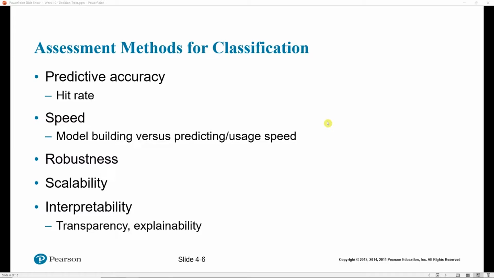So we're going to generate what's referred to as a confusion matrix, which essentially has the percentage of times that you were correct in predicting each one of the categories, and the percent that you were incorrect in predicting each of the categories. Classification models can also be assessed by the speed at which they process, as well as their robustness and scalability, as well as their interpretability.